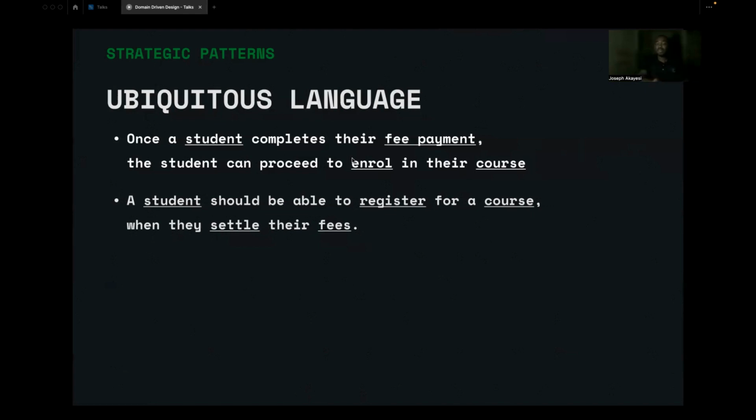For example, settle means that you're going to pay fees after you have arrears or you're paying fees outright. It's important for us to define this vocabulary so that we take away any type of confusion. So that's what has to do with an ubiquitous language. And every bounded context must have its own ubiquitous language so that business people and developers can collaborate easily.